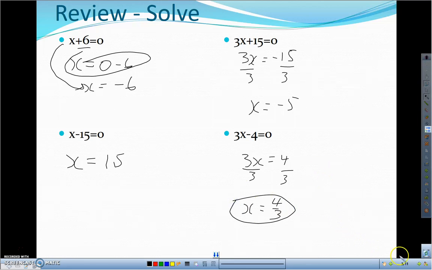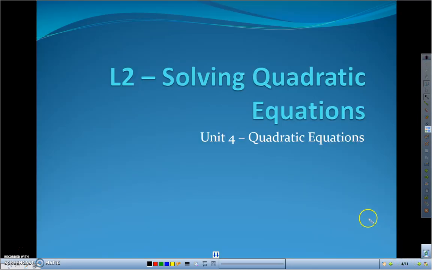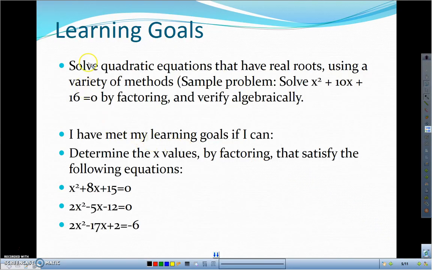Okay, so in this next lesson we're going to be looking at solving quadratic equations, and everything we've just done on the previous slides we're going to be combining into solving quadratic expressions and equations. And here our ultimate goal of this lesson is to solve quadratic equations that have real roots using a variety of methods.